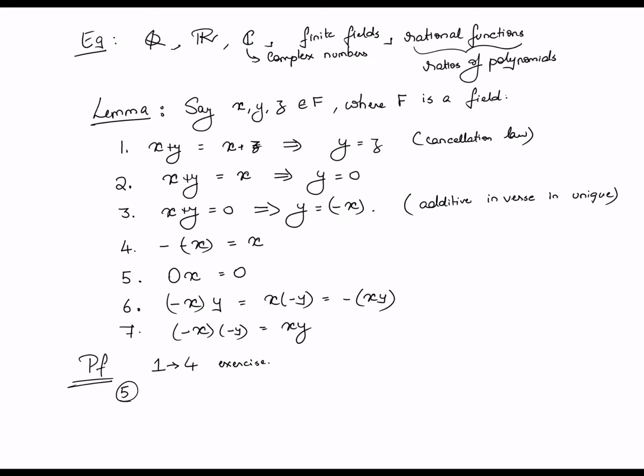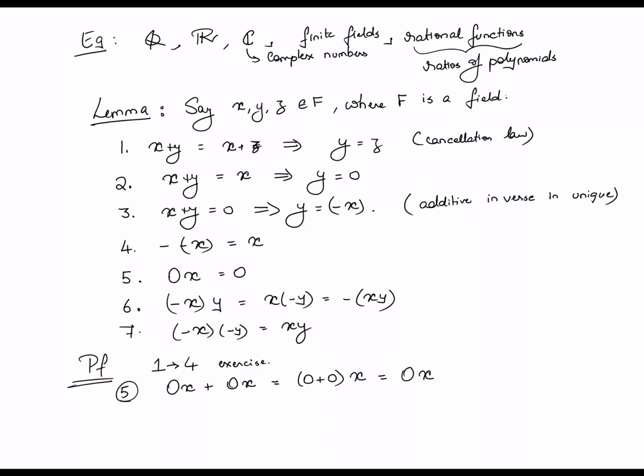So what I could say is that 0 times x plus 0 times x, by the distributive property, is in fact (0 plus 0) times x, which, since any element when you add it with 0 is itself, is 0 times x.